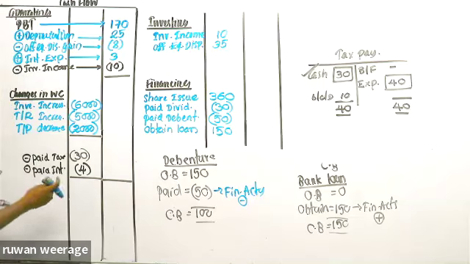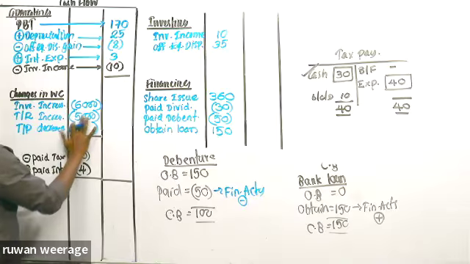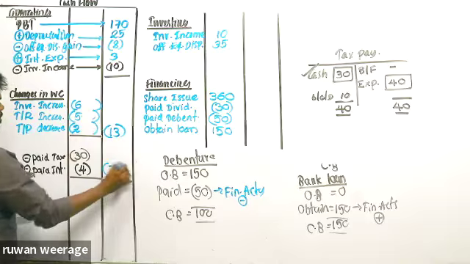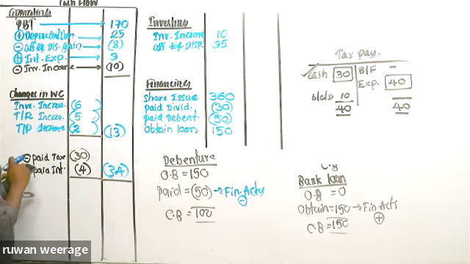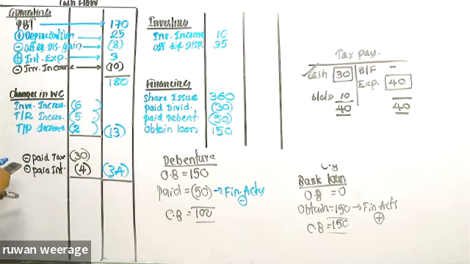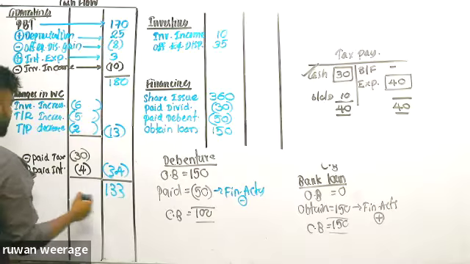Oh, this I have written in thousands, I removed the zeros. That's all. 133, this is plus, children.